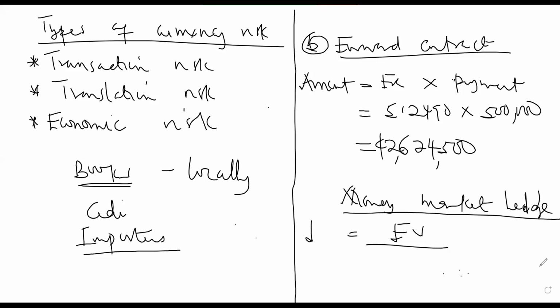So we have the present value is equal to 1 plus R exponent M times N. Okay.